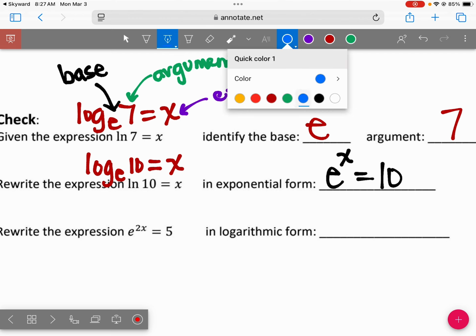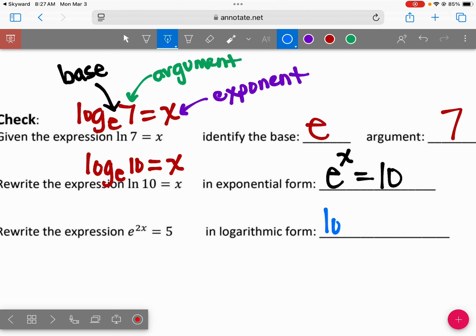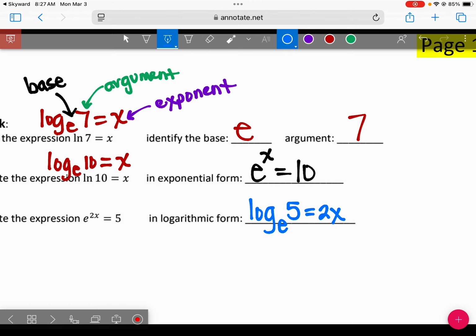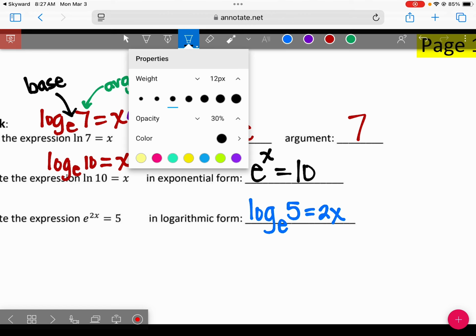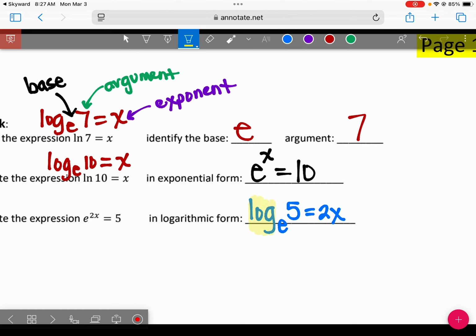And then for your last one, we have log base e. And then what would come next? The 5 or the 2x? 5 equals 2x. So if you left it like that, that is okay. However, anytime you have a log with a little bitty e, you need to remember what does that actually equal? What should we change that to?